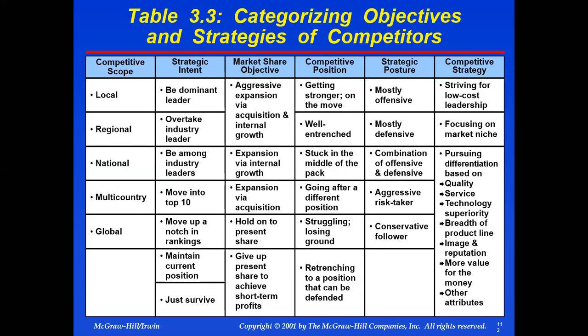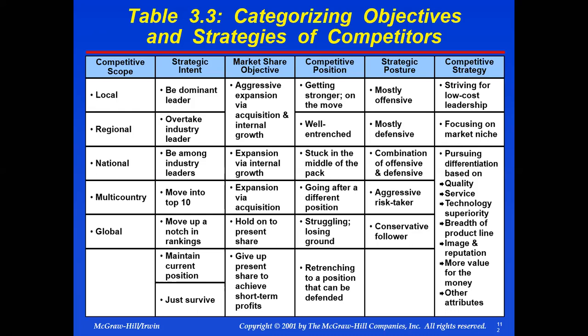Now, looking at a generic table about characterizing objectives and strategies of competitors, we can have different contexts in which the competitors can develop, based upon their competitive scope, strategic intent, market share objective, competitive position, strategic posture, and competitive strategy.